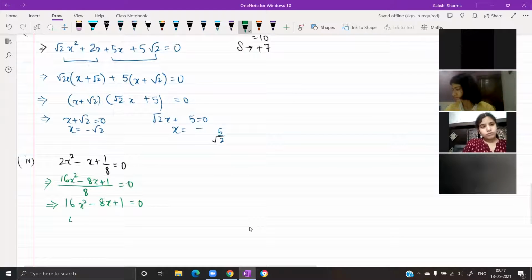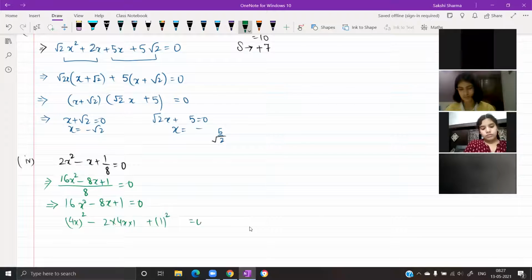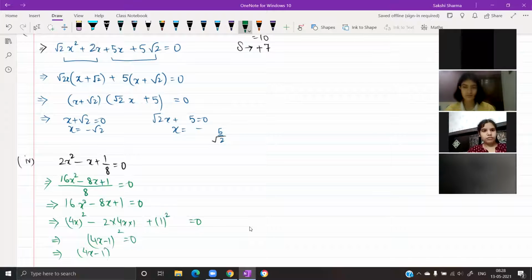Identity is applicable here. You have 4x square and 1 squared. The middle term is the product of the bases. The identity formed is 4x minus 1 whole square. I'm going to write this as a product of two linear factors rather than as a whole square.